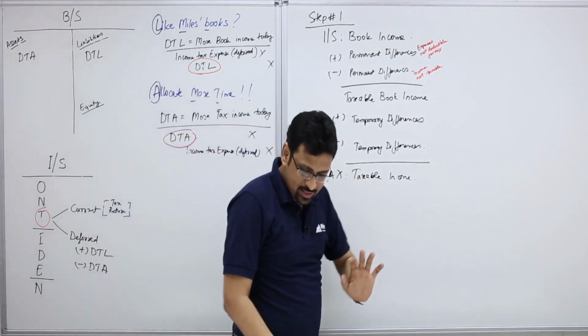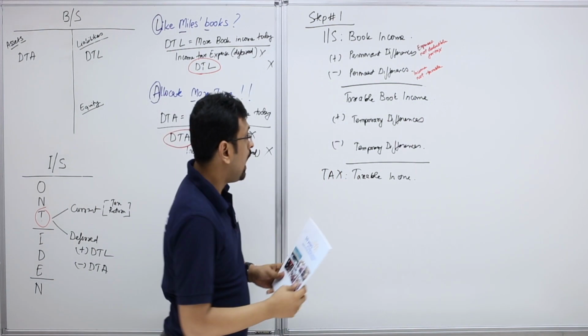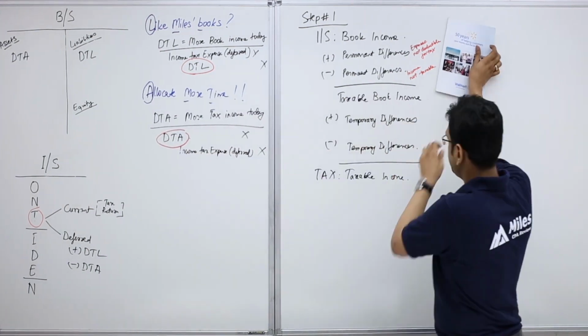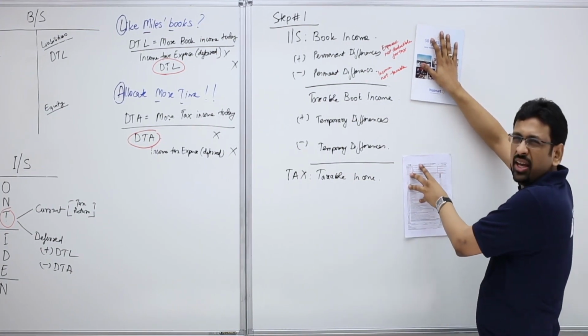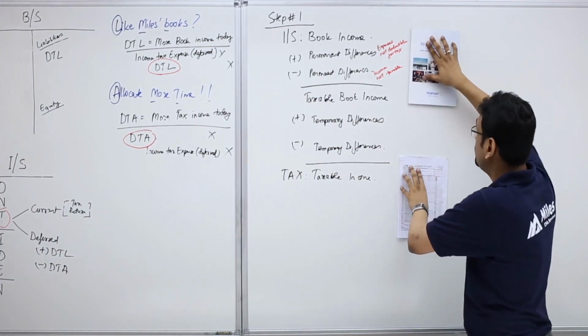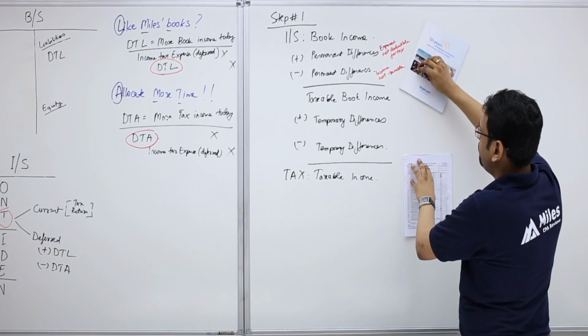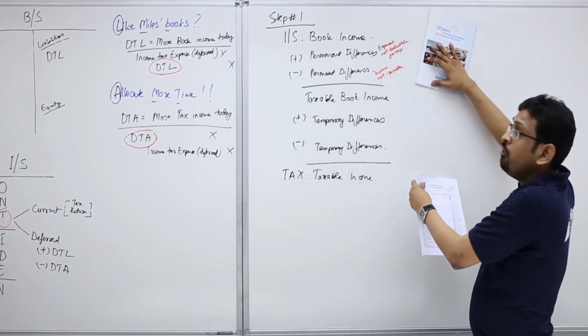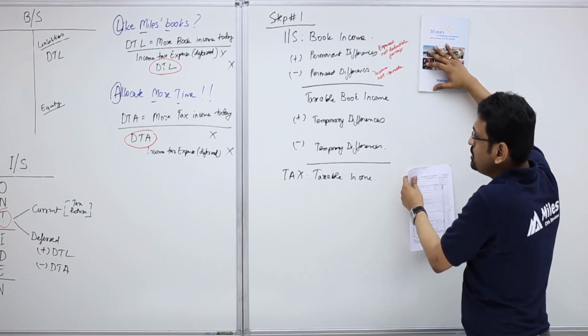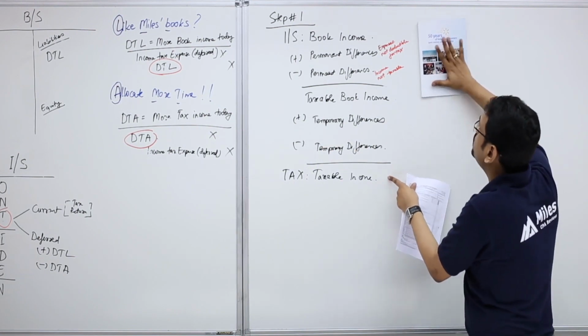So guys, let's analyze this. I'm looking at my book income here and my tax income here. I'm making it so much more animated for you guys. So it's book income here, tax income here. Now, when would we add temporary differences? We would add temporary differences when the tax income needs to be more than the book income.